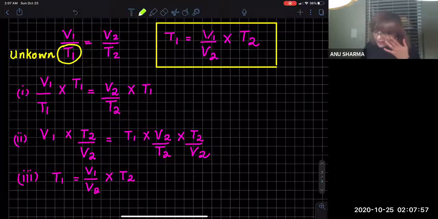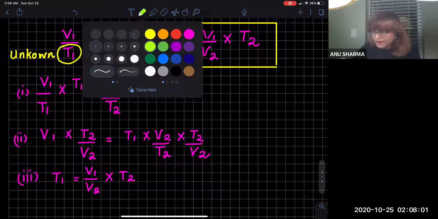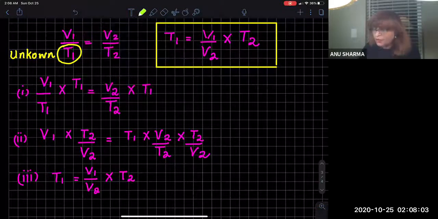We need to bring T1 on one side of the equation and all the knowns, which are V1, V2, and T2, on the other side. So what we're going to do first is cancel out T1 on one side of the equation, and that happens by multiplying by T1 on both sides. So T1 multiplied here, T1 multiplied here. So we now have T1 on one side of the equation.